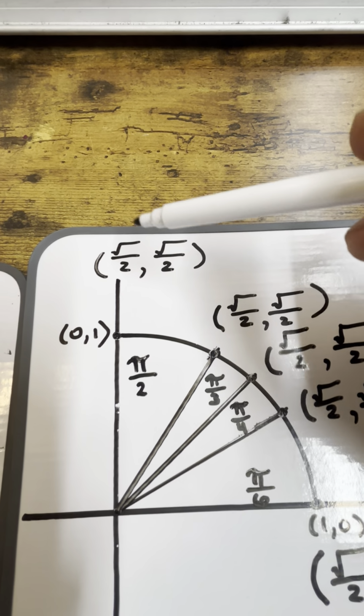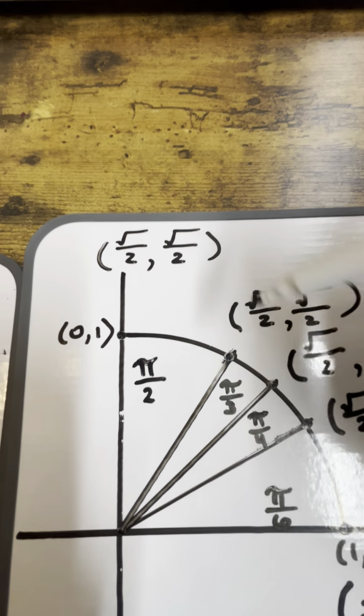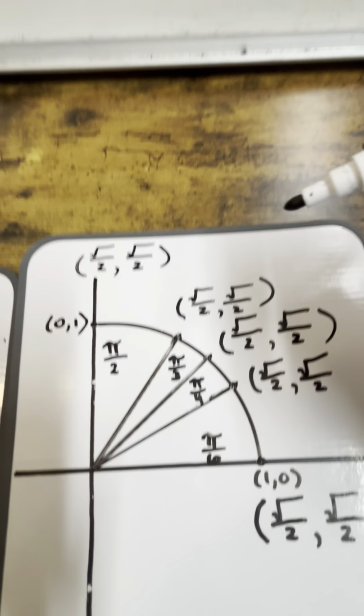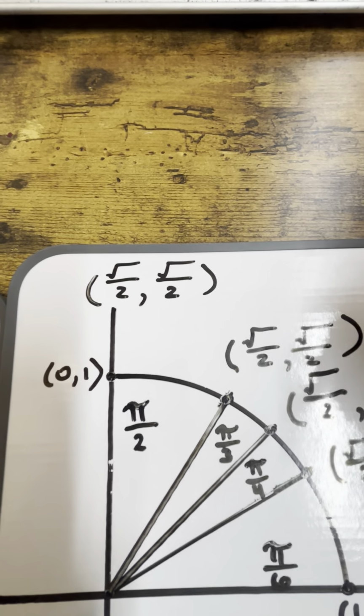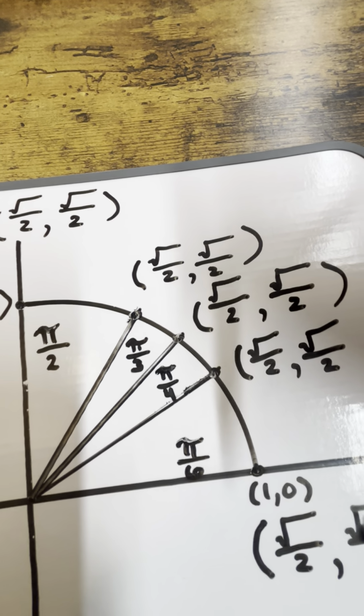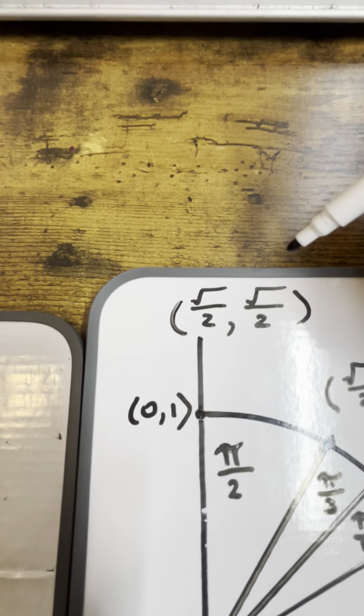We've got a radical in the numerator for both the x and y coordinate, and a 2 in the denominator, and we place that everywhere around the curve. Then starting from 0, we count up to 4, and then we count back down. I'll show you what I mean here.